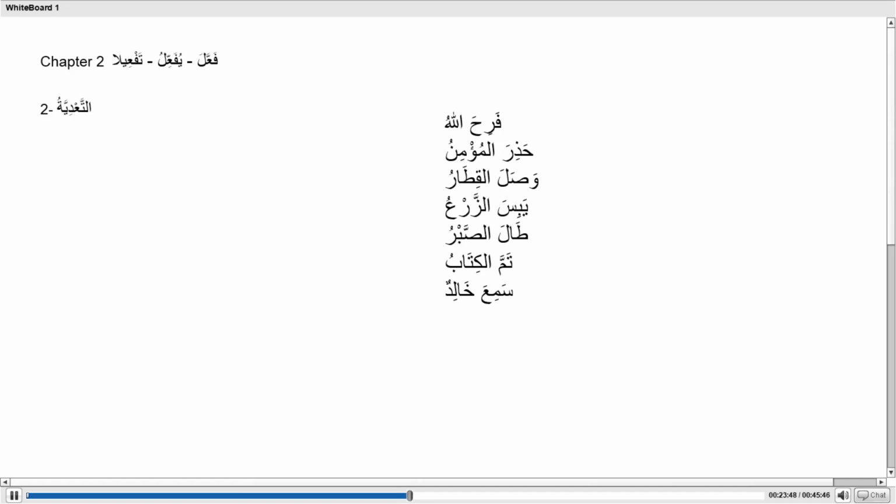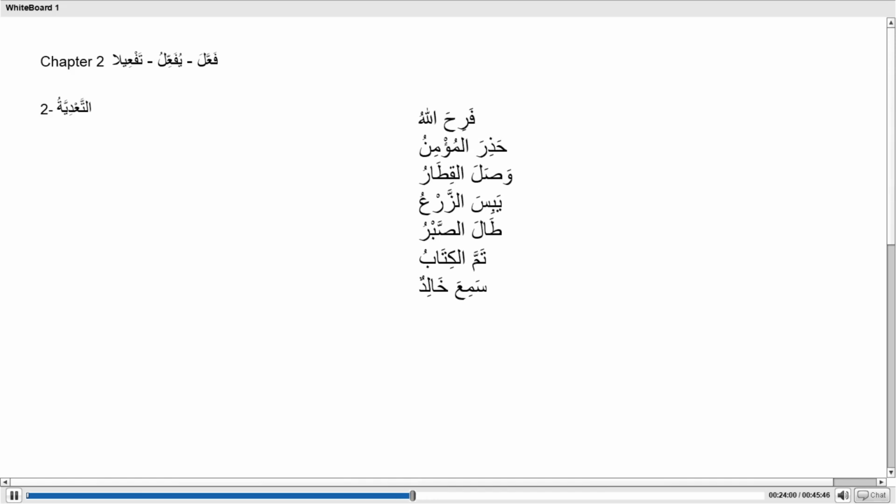No, waw gets changed to an alif that has nothing to do with it being on a certain chapter. But how are we supposed to say it? We say chapter 1 is a principle to every verb which has the ain as a waw.